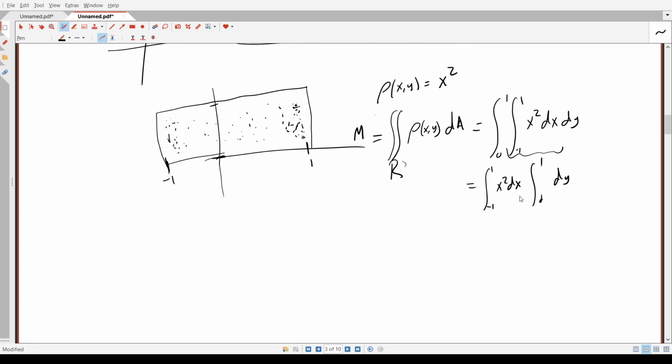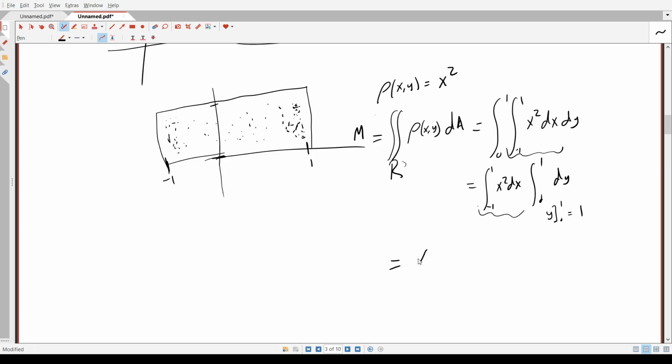So when I integrate dy, this is just y from 0 to 1, which is 1. So this just depends on this integral.